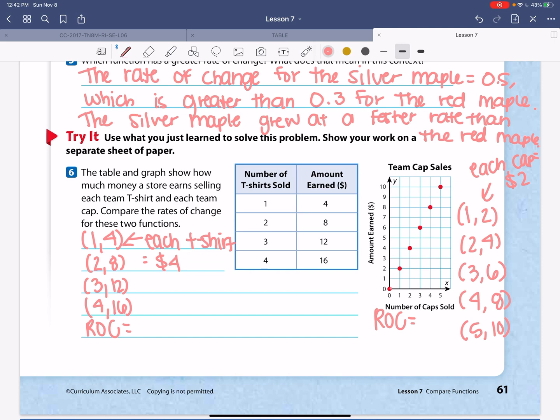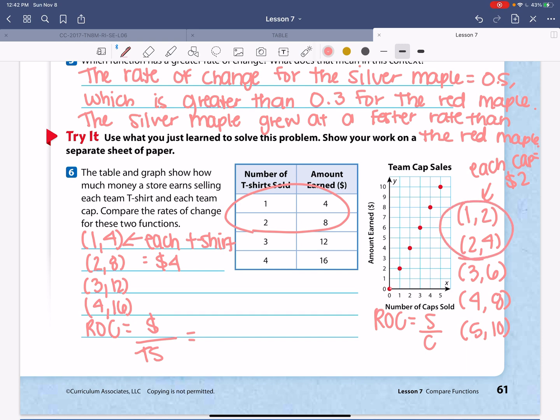So for the t-shirt one, I'll just do the amount over t-shirts. Rate of change will be the amount over caps. And I'll choose two of them. So I'll just use the first two here and the first two here.